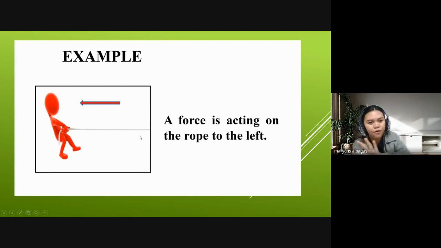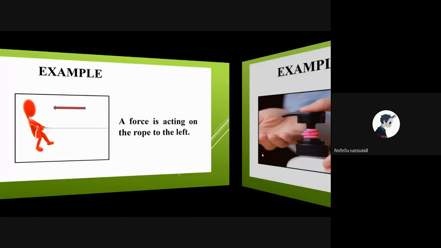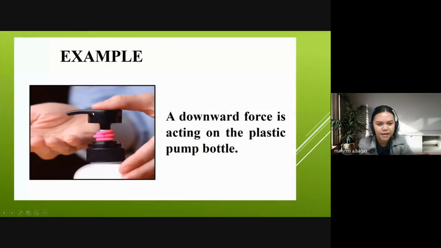So meaning the force is going to the left or right? Left. Going to the left. Yes.